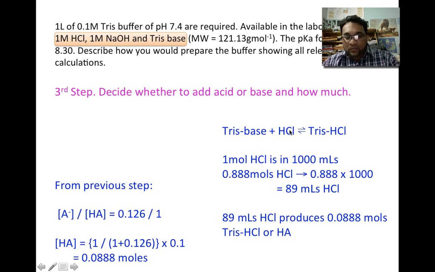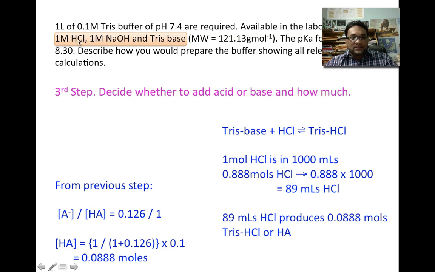Now 1 mole of HCl is going to react with 1 mole of tris base to give you 1 mole of tris HCl. So if you need 0.0888 moles of tris HCl, it means that you will have to react 0.088 moles HCl with 0.088 moles tris base.